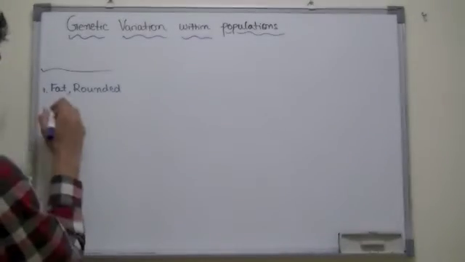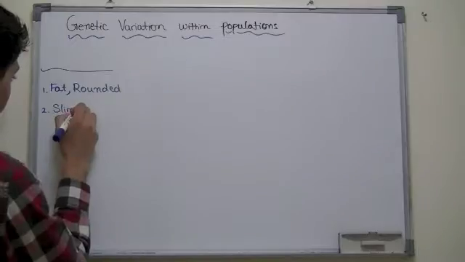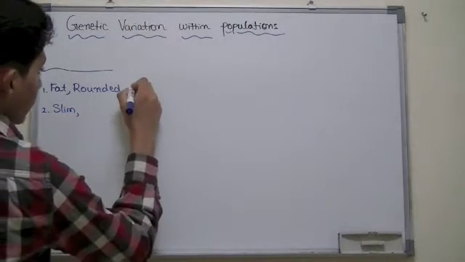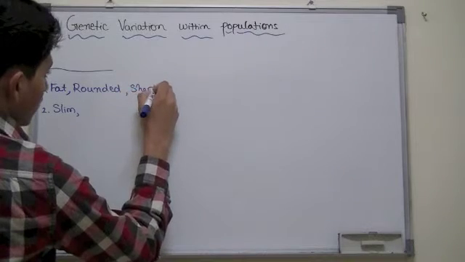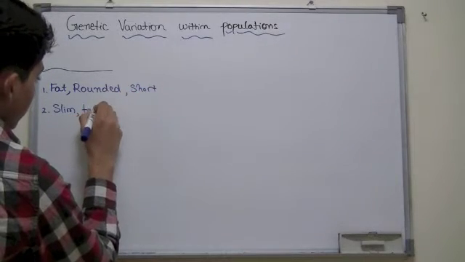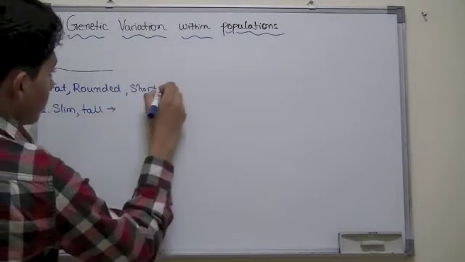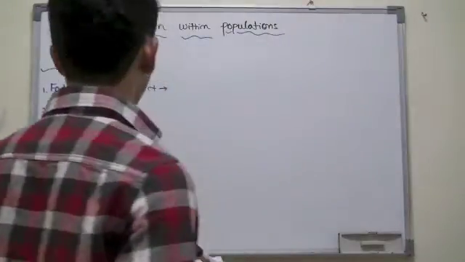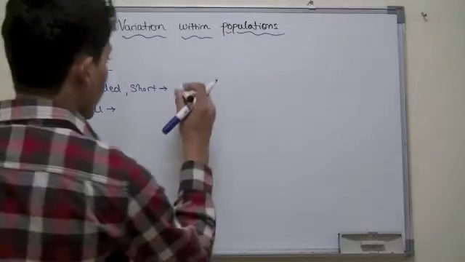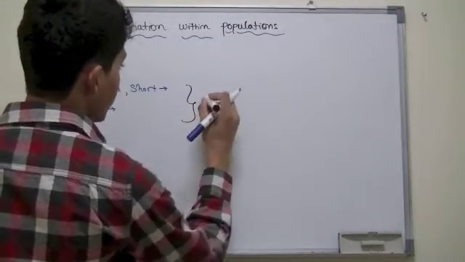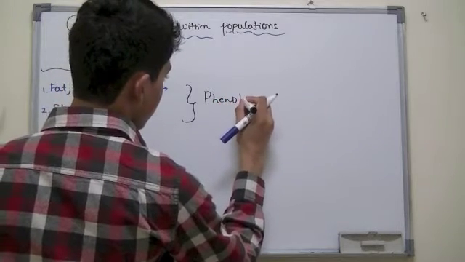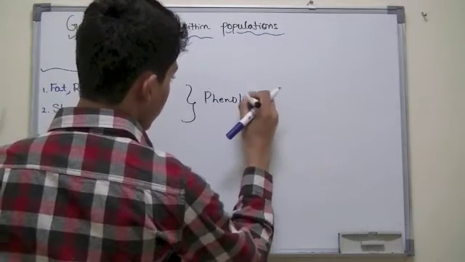The second type would be a slim penguin, and they might be tall, they might be short as well. This over here is nothing more than types of phenotype.